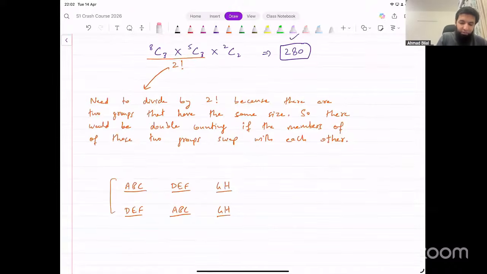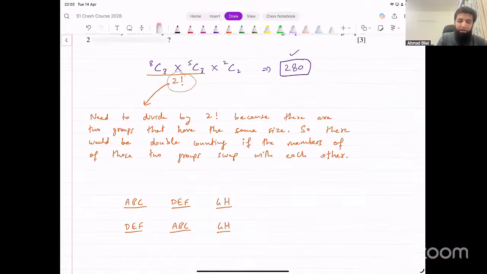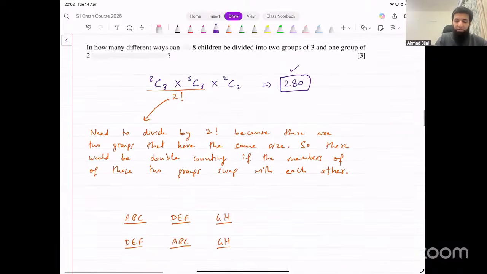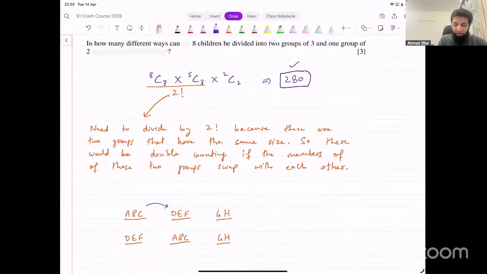To get rid of that double counting, we divide by 2 factorial. Why 2 factorial? That's the number of different ways we can arrange these groups. Since the arrangements of these groups do not matter, we need to divide by 2 factorial. This problem happens when you have groups of same size.